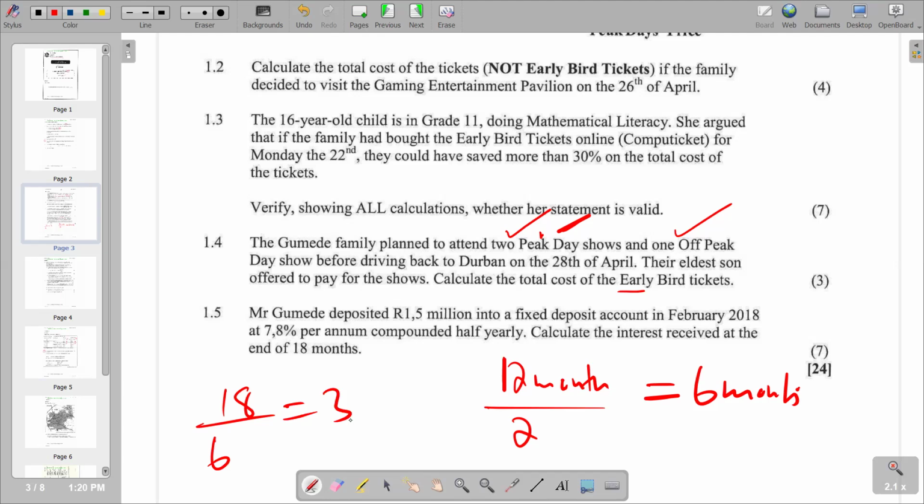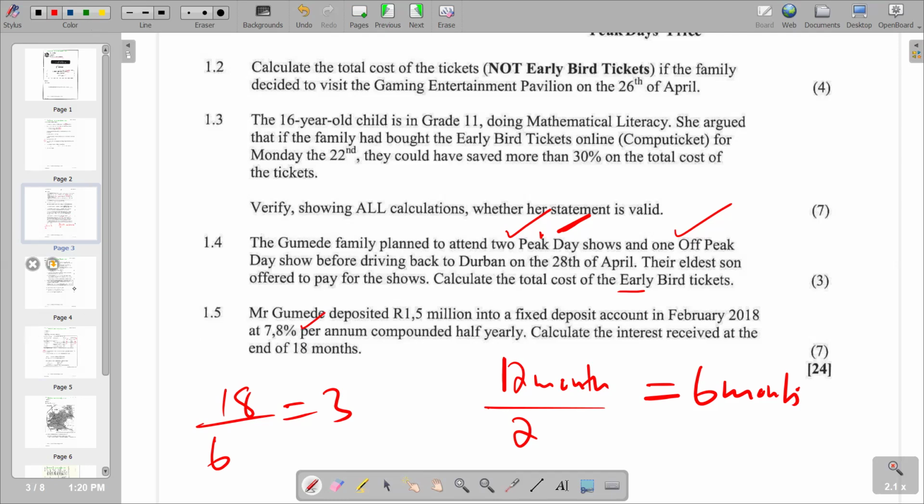So we've got 3 6-month periods in 18. So we are going to compound it 3 times. But for the half yearly, we also take note that we are given 7.8%, which is per annum. So for the half yearly, it will be 7.8 divided by 2. So that's how we are going to calculate it.